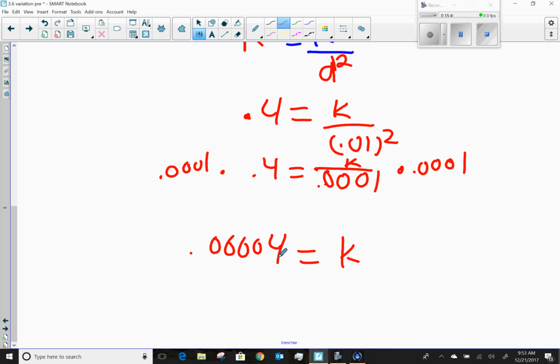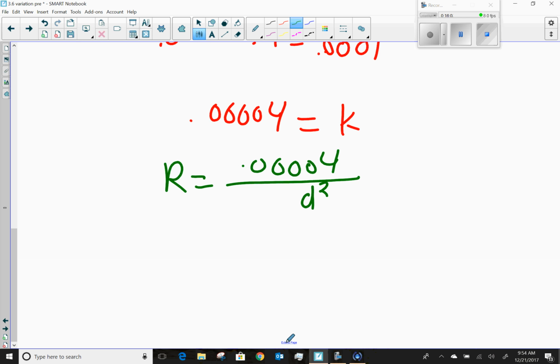And now we want to plug that in, right? Step 3 is to plug that into our equation. So resistance is equal to 0.00004 all over our diameter squared. Now they're going to give us our diameter, step 4, and the diameter that they say is 0.03.